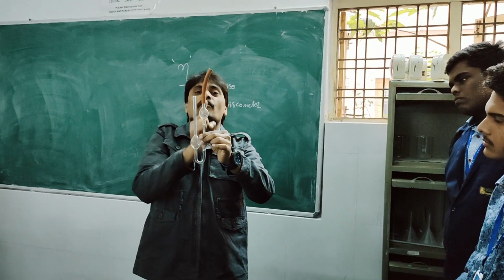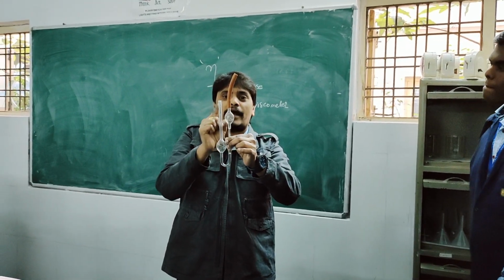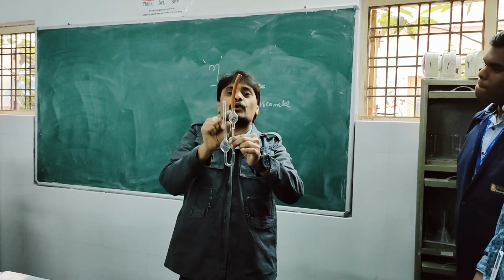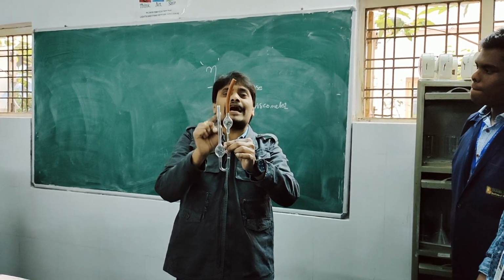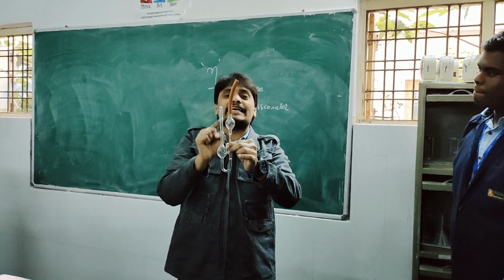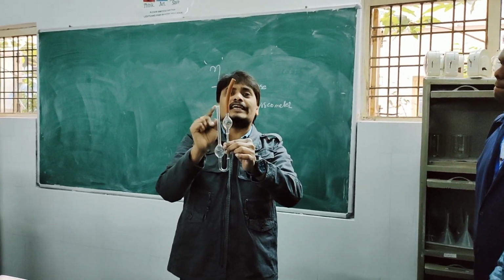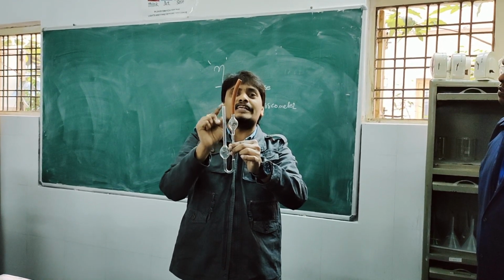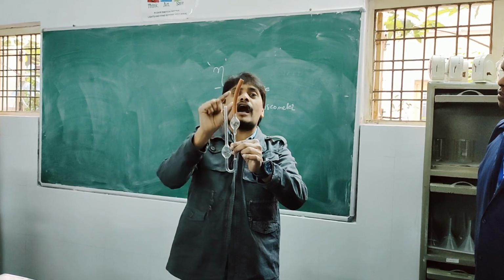With the time taken by the liquid to move from mark A to mark B of the upper bulb, you can determine its viscosity, as there is a relationship between them.